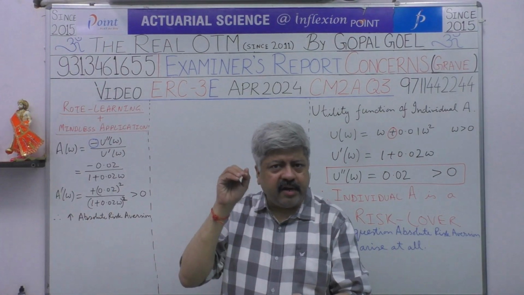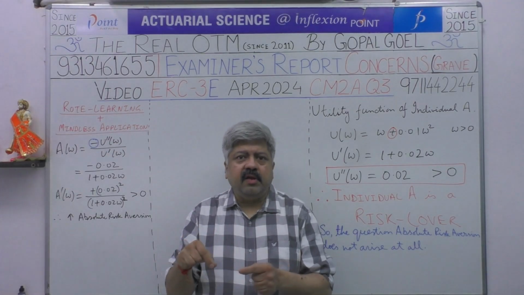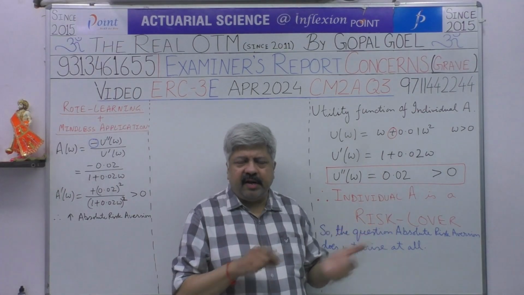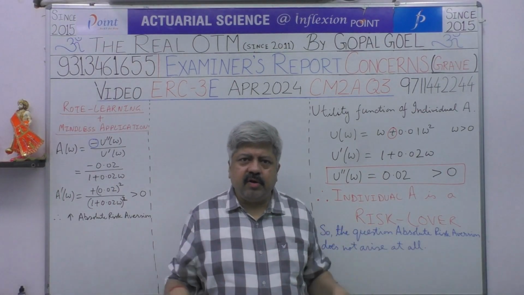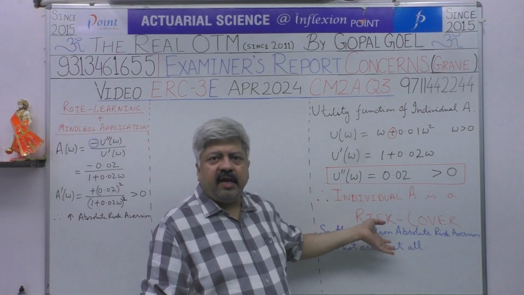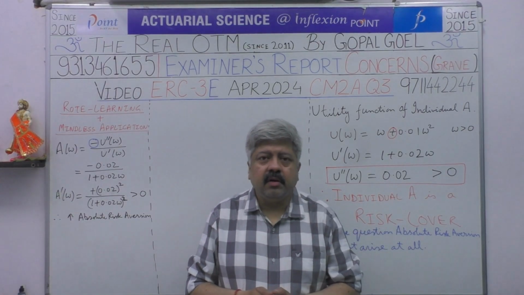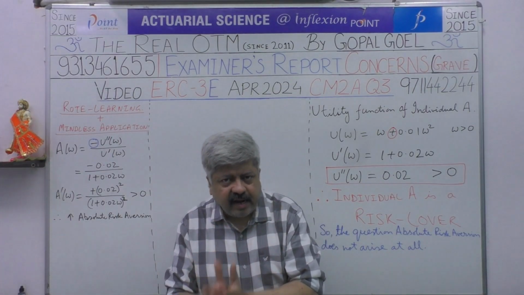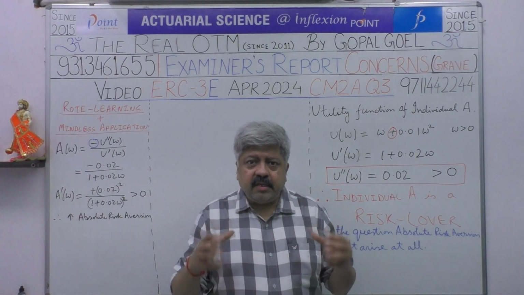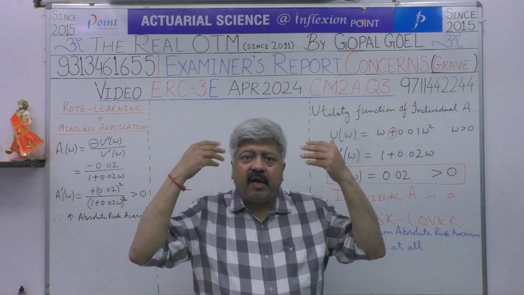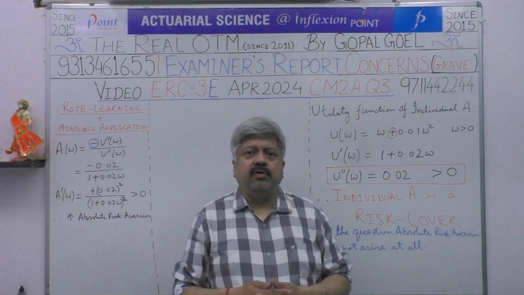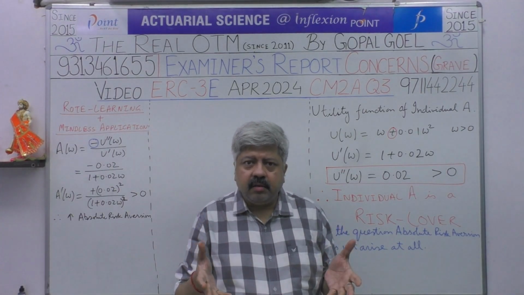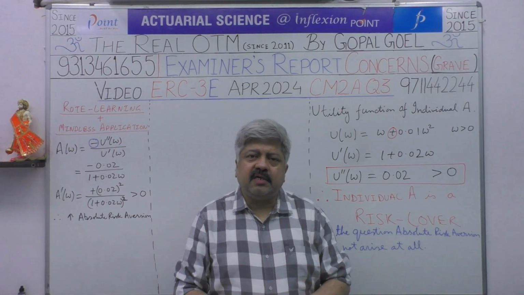And then they write a comment that alternatively, if someone referred to the nature of the individual and then commented, without calculation, that since A is a risk lover, A will accept the fair gamble, we gave marks to that person also. Not only that, as we reach the end of the question, individual A is even willing to pay a fee to be allowed to play a fair gamble, and the student is asked to calculate the maximum fee that can be charged from the individual.